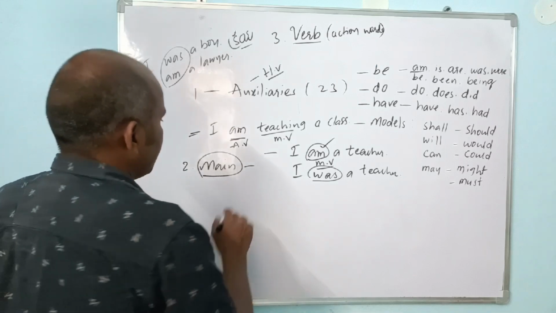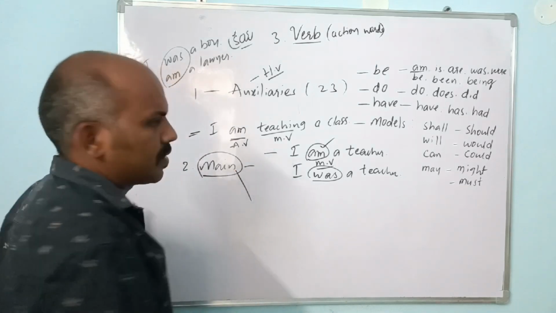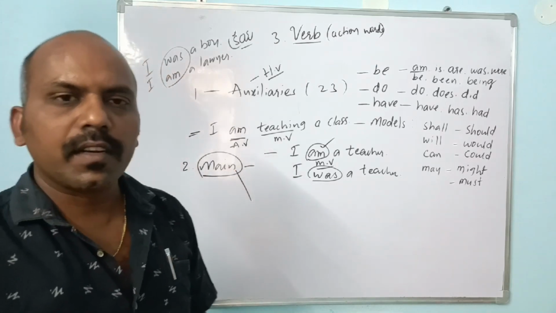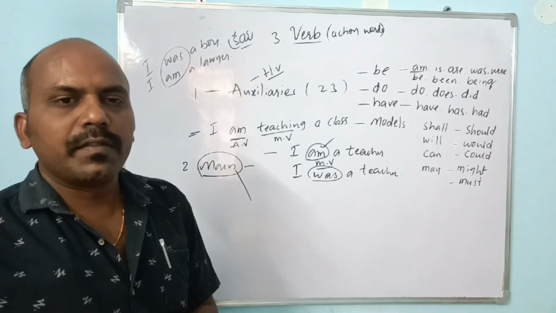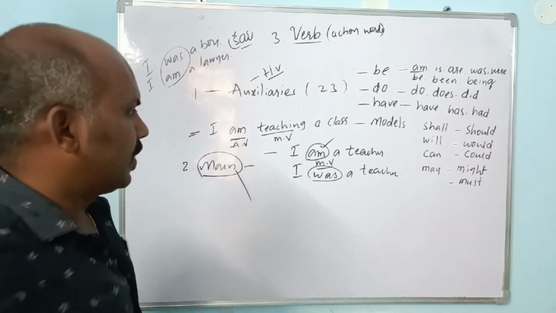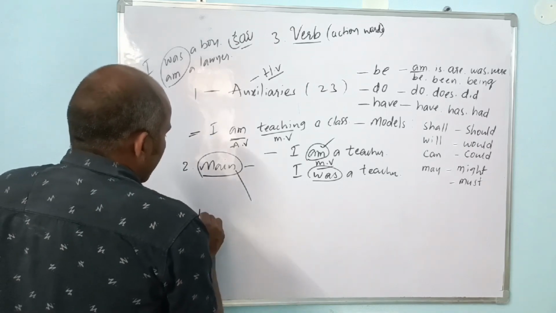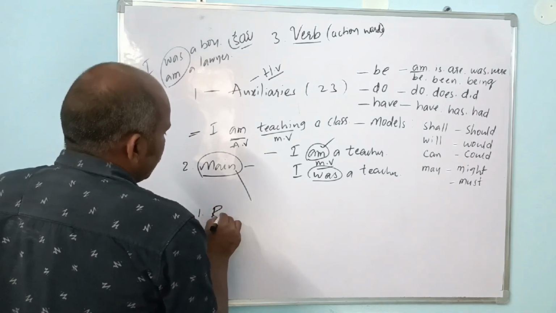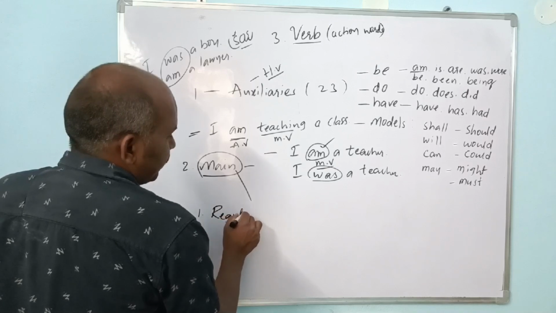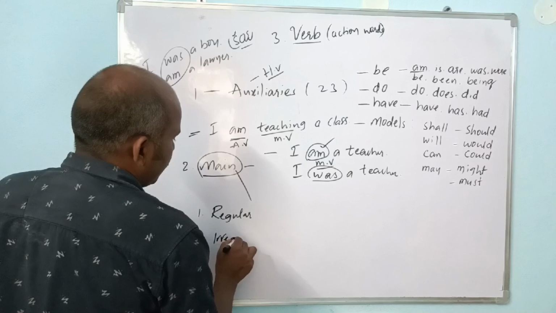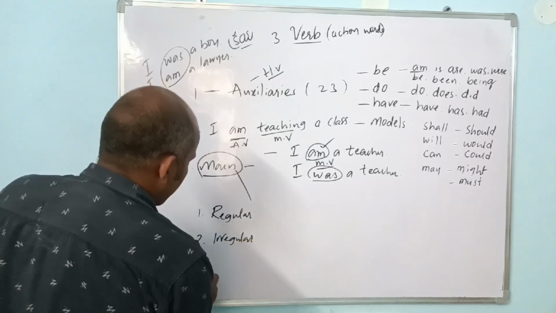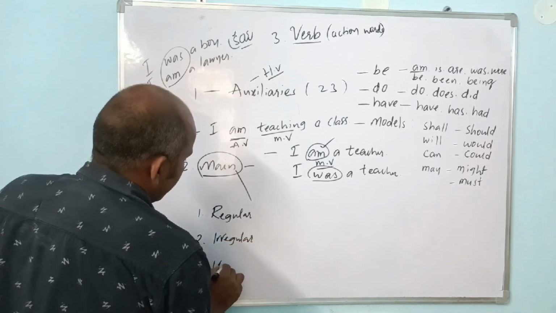A main verb definitely gives the work of a subject or a noun, and depending on their forms, they are divided into three. Number one, regular, number two, irregular, and number three, unchangeable.